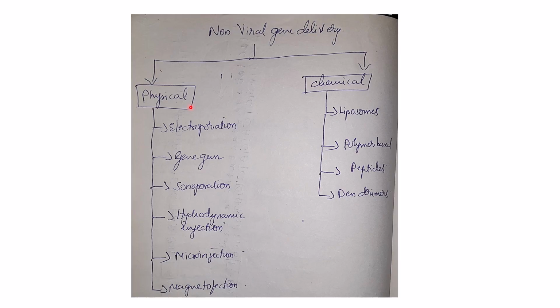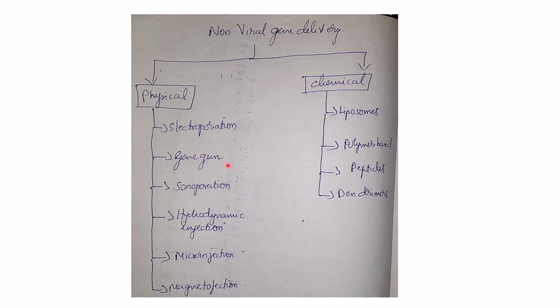So the first method is electroporation, that is it will use brief high voltage electric pulses, and it will create temporary pores on the cell membrane, and through these pores your genetic material can enter. Then there is another technique called the gene gun method.